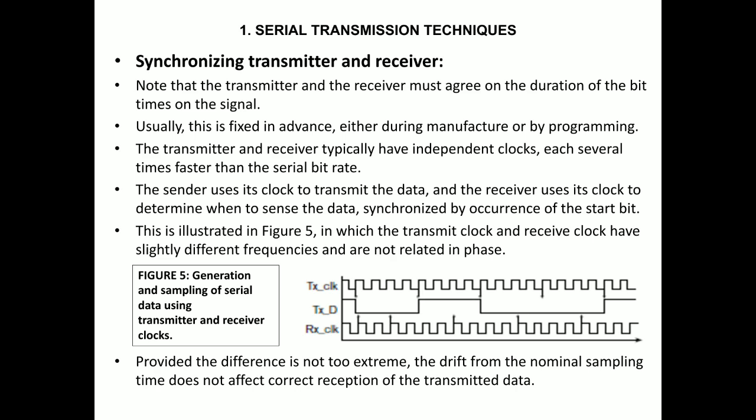With the help of a timing analysis script, we can give the transmission timing period and receiving timing period, that is, when to send the data and when to receive the data. The clock to transmit the data and the clock to receive the data will determine the synchronization between the transmitter and receiver.